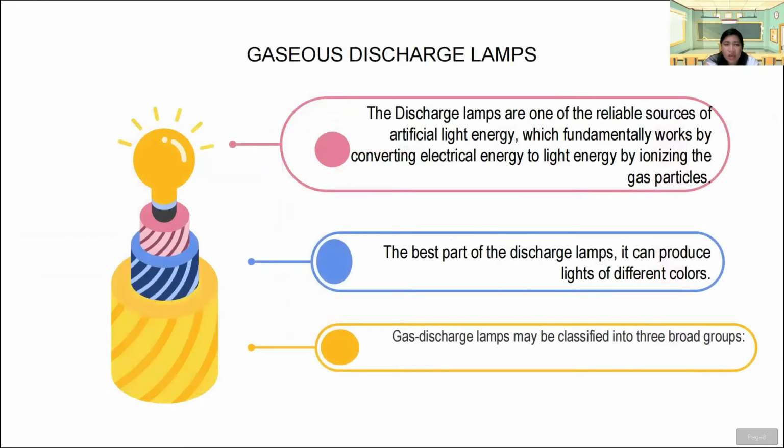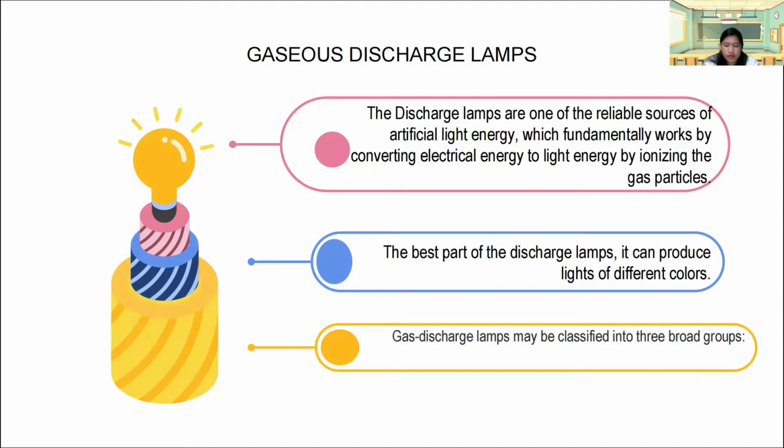Next is the gaseous discharge lamp. Discharge lamps are one of the reliable sources of artificial light energy, which fundamentally work by converting electric energy to light energy by ionizing gas particles. Discharge lamps gained popularity in the mid-20th century.